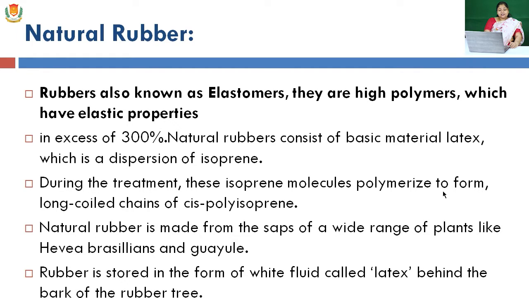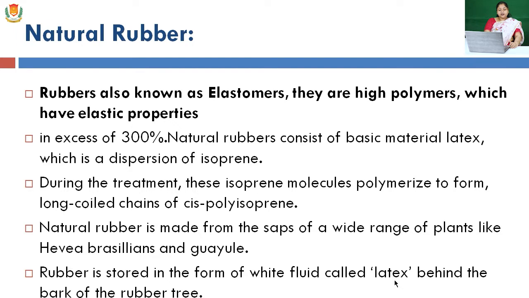Natural rubbers consist of basic material like latex, which is a dispersion of isoprene. During the treatment, these isoprene molecules polymerize to form a long chain polymer, which is known as cis polyisoprene.